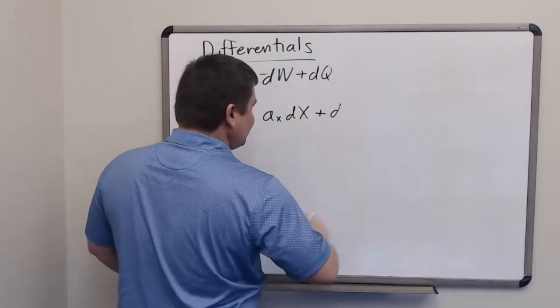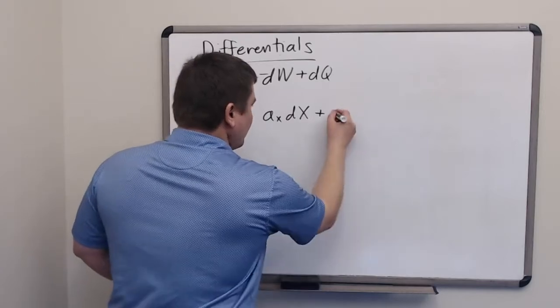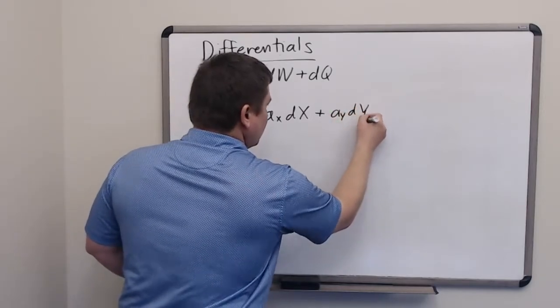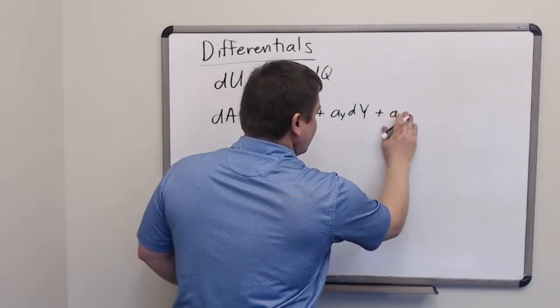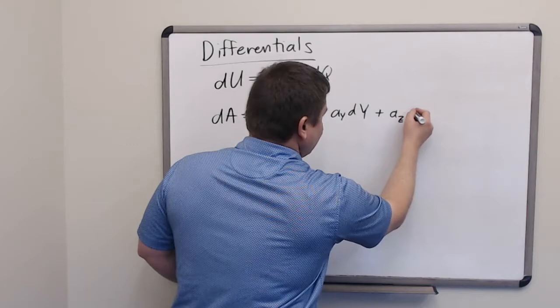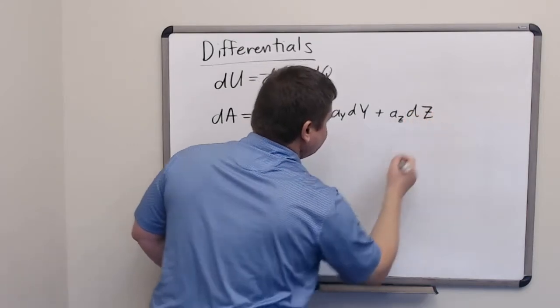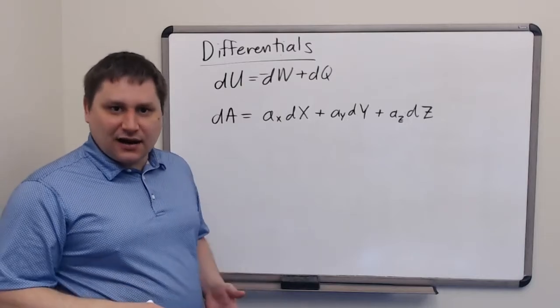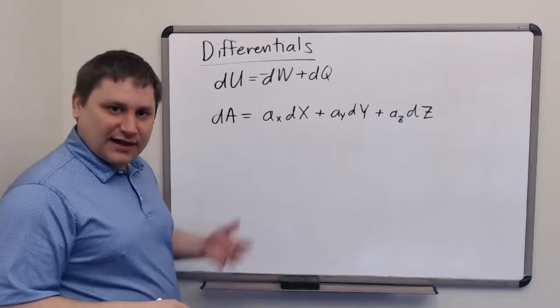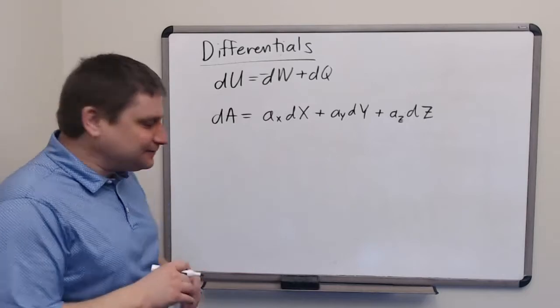Let's consider a space where there are variables x, y, and z. And the idea is that other variables like A could depend on these.